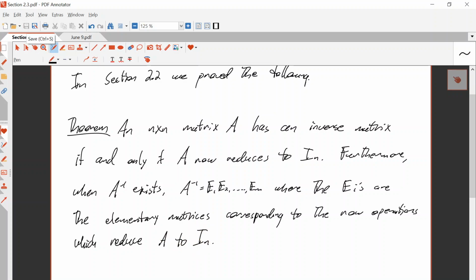So that is one very succinct way of saying when a matrix has an inverse. Okay.